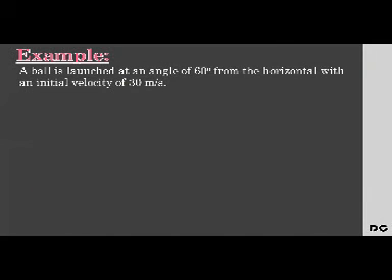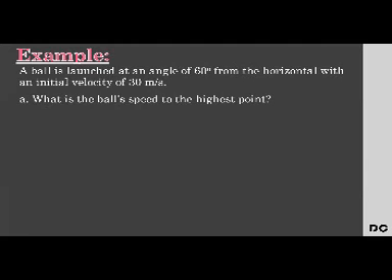A ball is launched at an angle of 60 degrees from the horizontal, with an initial velocity of 30 meters per second. First question is, what is the ball speed to the highest point?